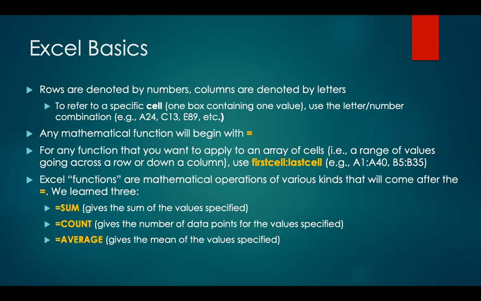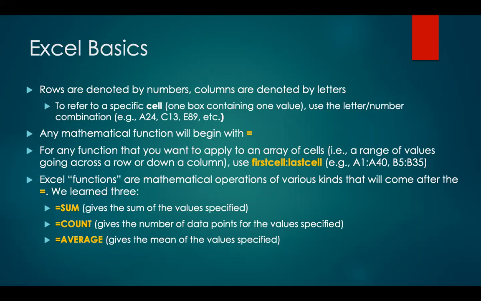For any further function that you want to apply to any array of cells, that is, again, a range of values going across a row or down a column, you use the first cell, colon, last cell. So for example, if I want all values from range A1 through A40, I would enter A1, colon, A40.